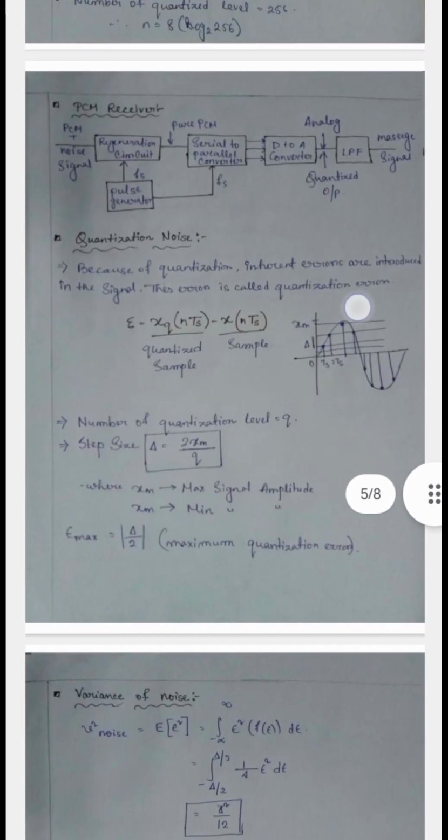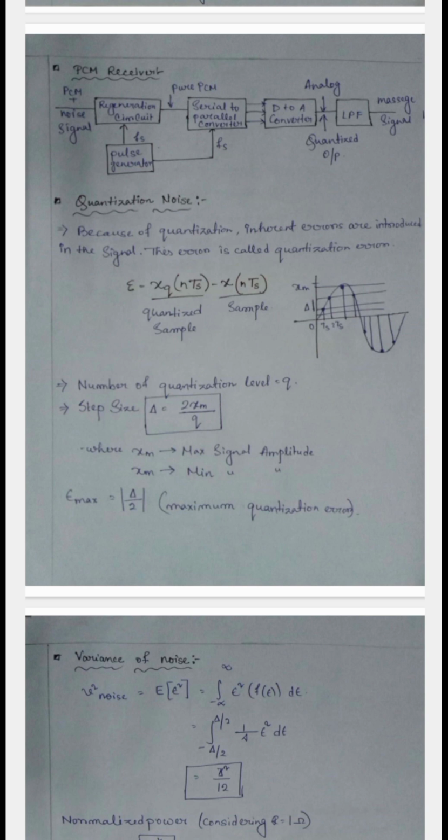Now we discuss the PCM receiver, which regenerates the message signal. First, the PCM plus noise signal passes through the regenerative circuit, where we give a pulse generator.